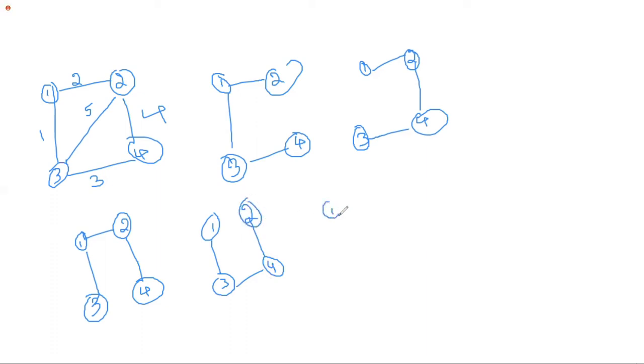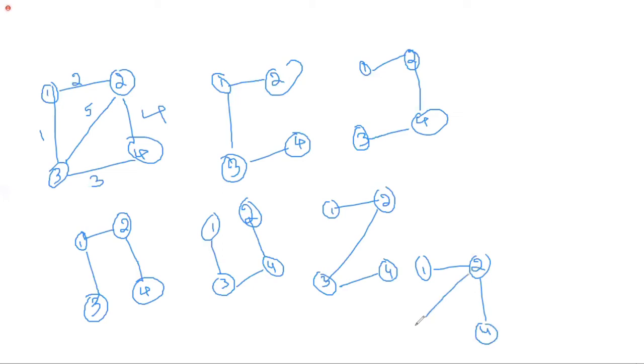Another possible way is 1-2, 2-3, and 3-4. One more possible way is 1-2, 2-4, and 2-3. These are the possible spanning trees.